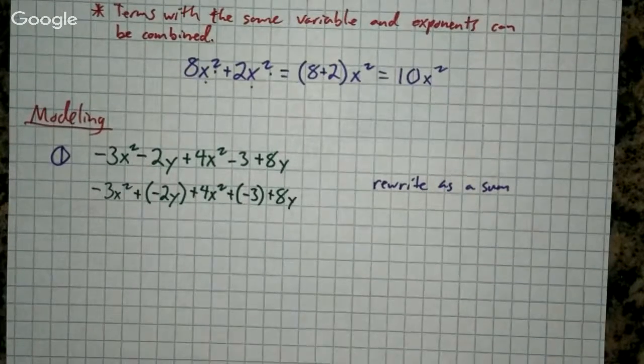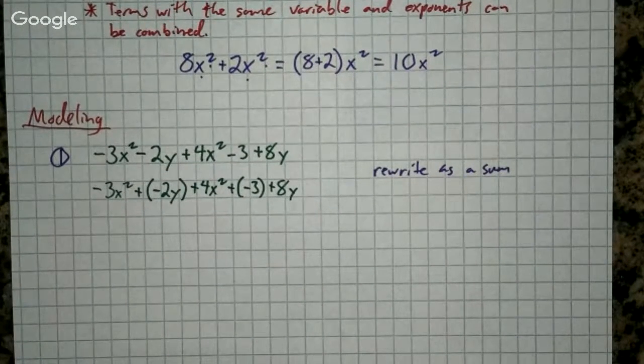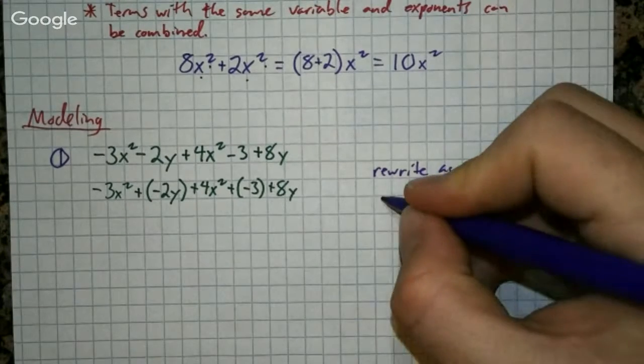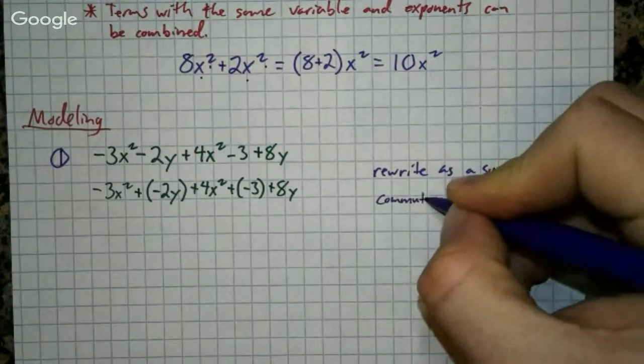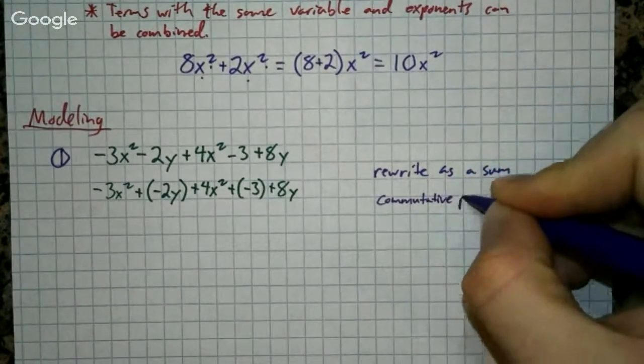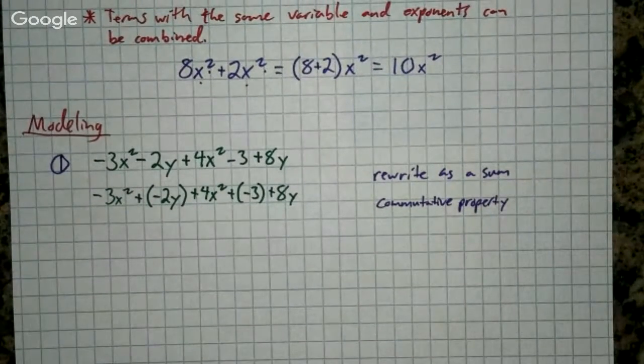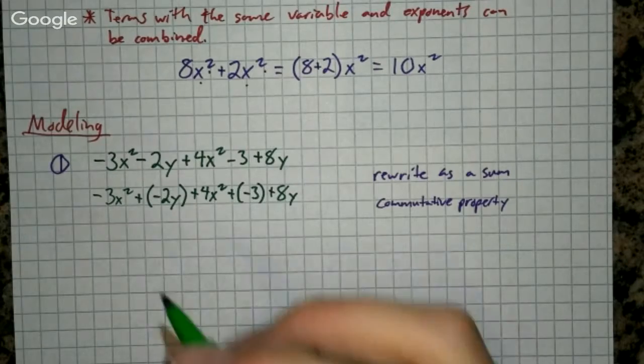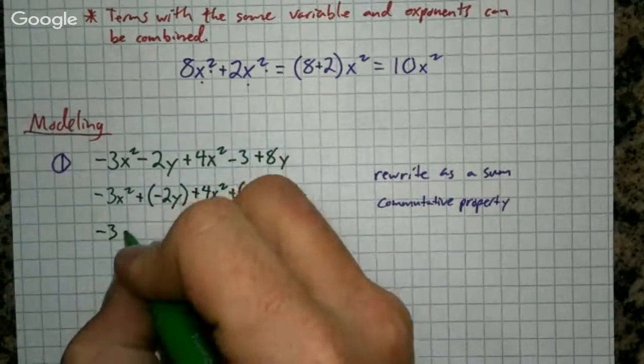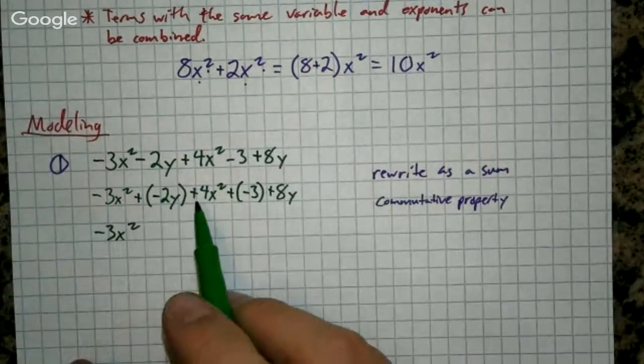Now that it's all addition, we can do something wonderful called the commutative property. In the commutative property, we can now adjust these terms into the order that we like best, meaning let's get all our like terms together. So negative 3x squared, where's the next x squared?